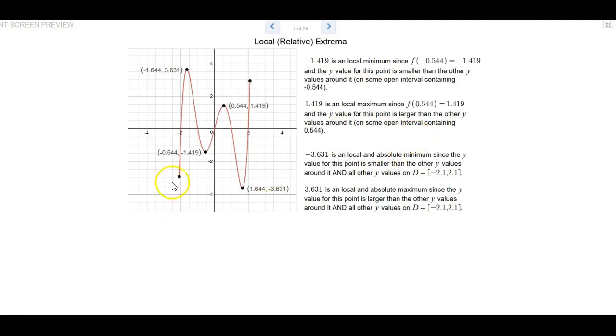So if we put point values to our graph, we can see the actual values of the local max and min. This local minimum is minus 1.4019, and it occurs at x equals minus 0.544, and the local max is 1.419, and it occurs at the x value 0.544.